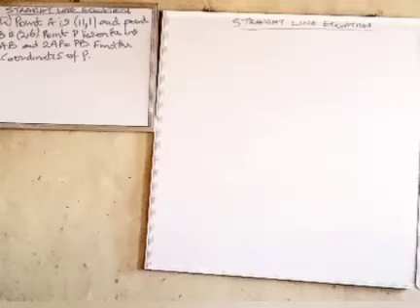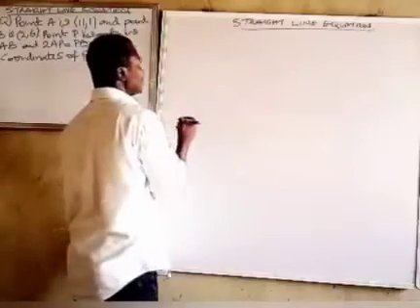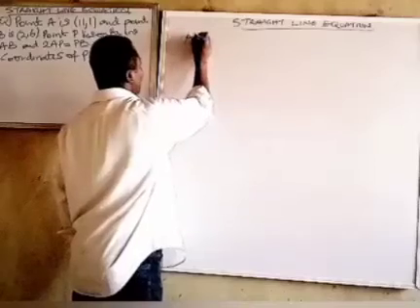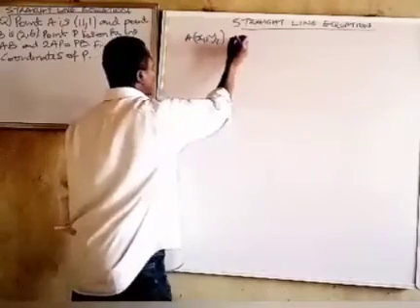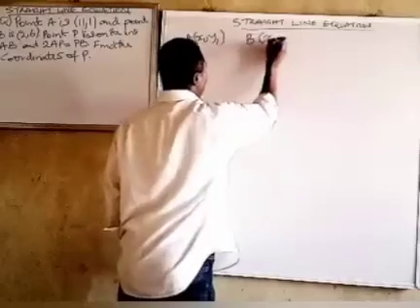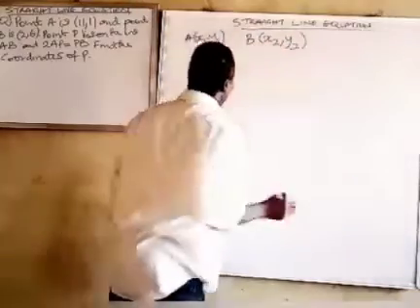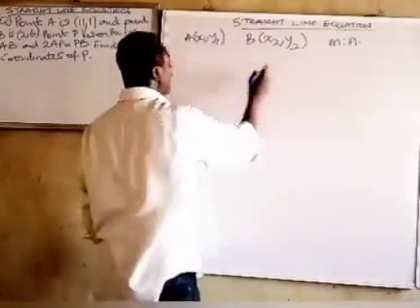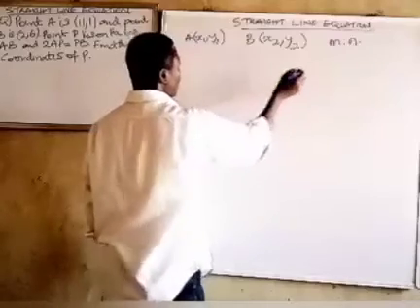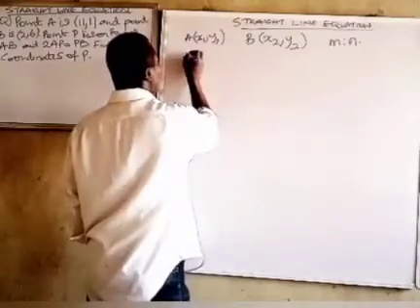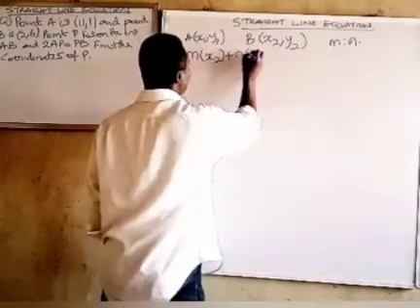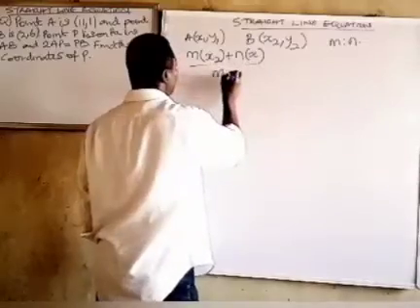Find the coordinates of P. From what we have treated, when we have point A (x1, y1) and point B (x2, y2), and the line is divided in the ratio m to n, the point of that division is (n·x2 + m·x1) over (m + n).